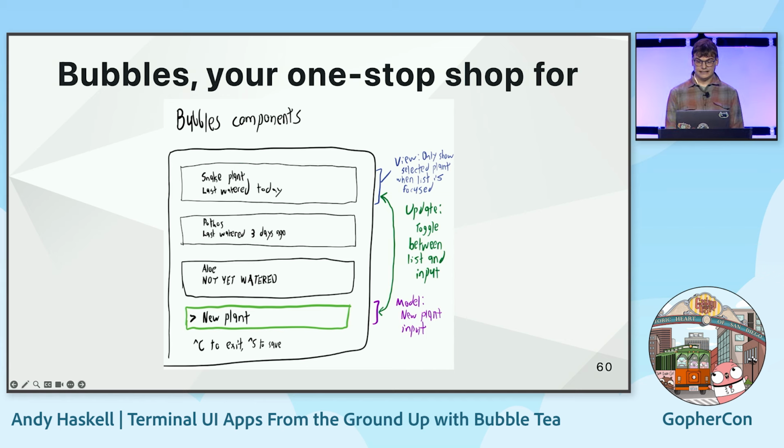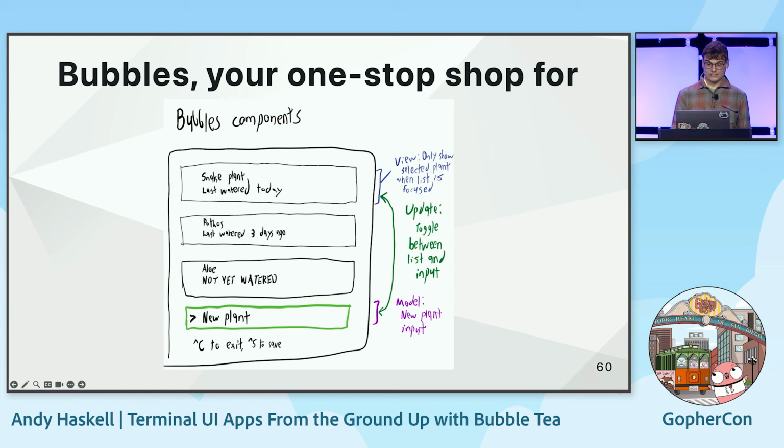As you can see, we now have our text input component, which we'll need to add to our app's model data so that our app keeps track of its state, and then so that we can render that text box in the view method. For the update logic, now typing into the text box will trigger editing the text, while pressing enter will reset the text input and add a new plant to the list.